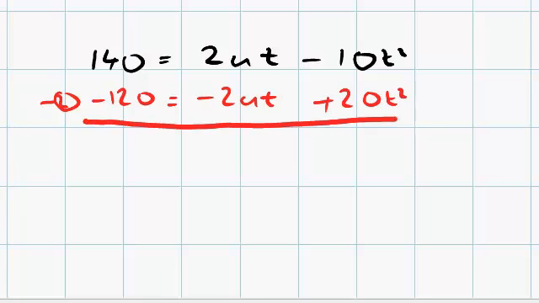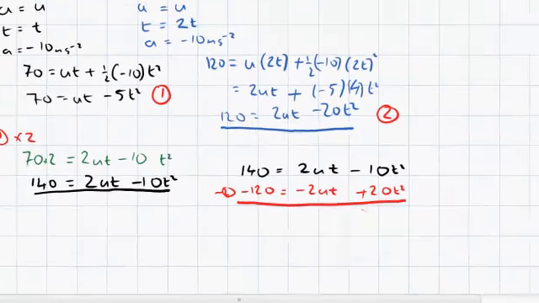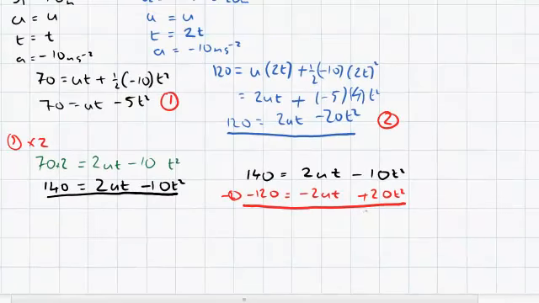Add these together, and what we'll get is 20. The 2ut terms cancel. Is equal to 10t squared.